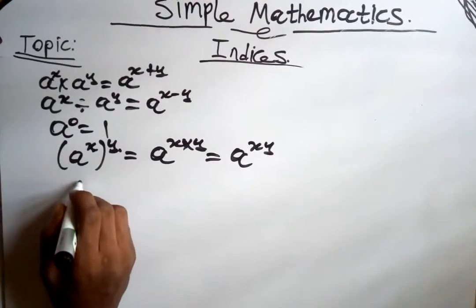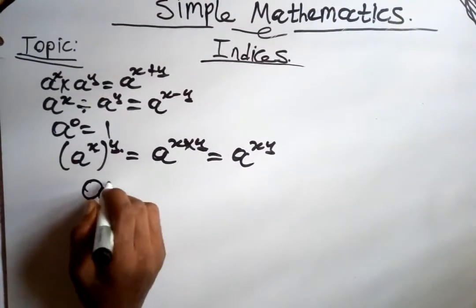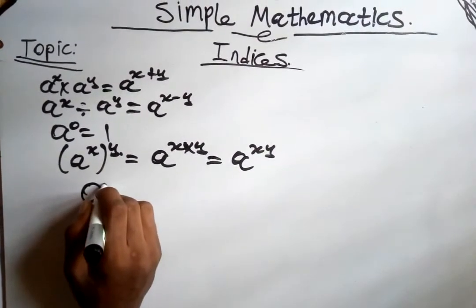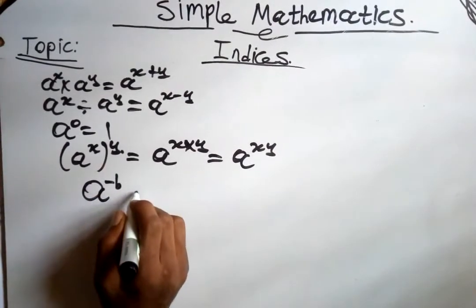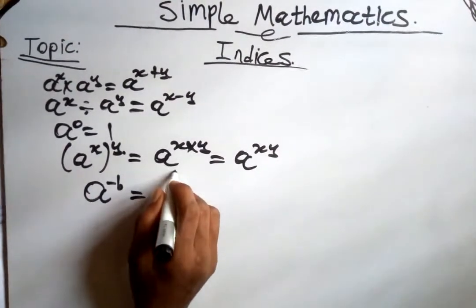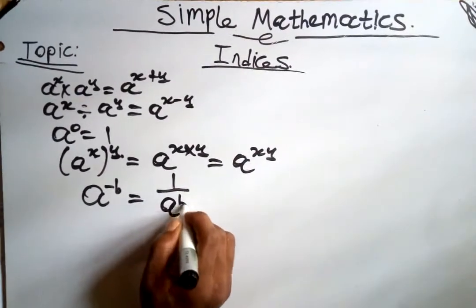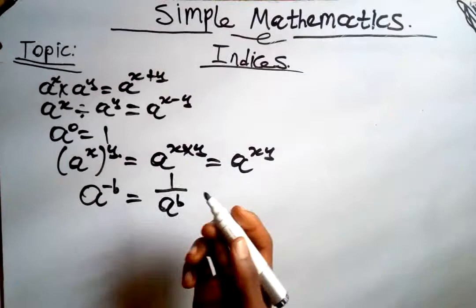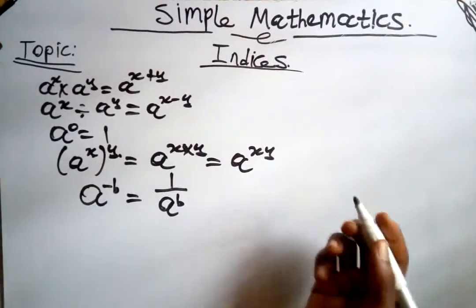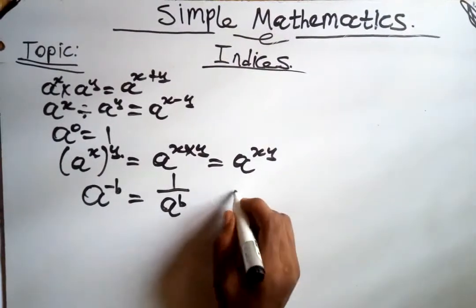So we also have a raised to the power of a negative value, which will be equal to 1 over that variable and that value. In physics you must have seen something like this.